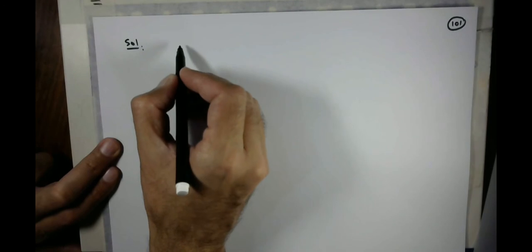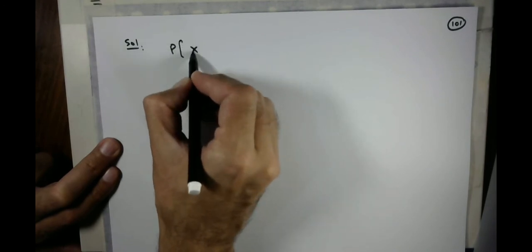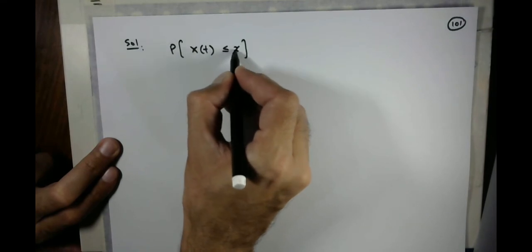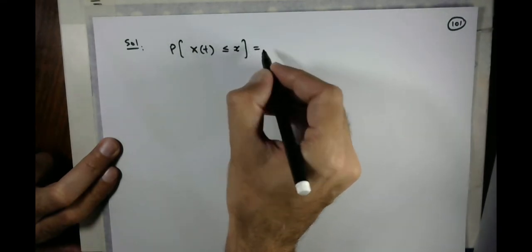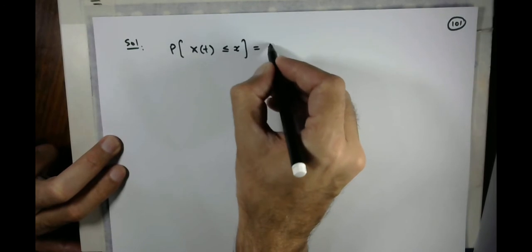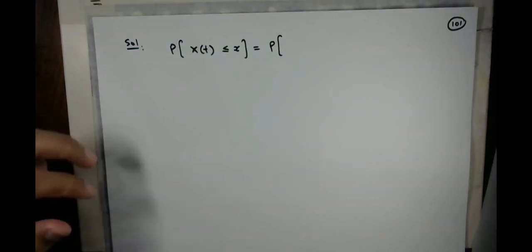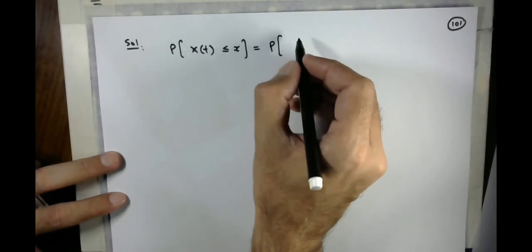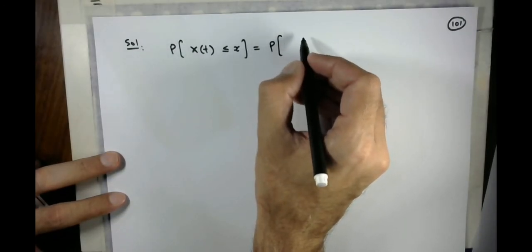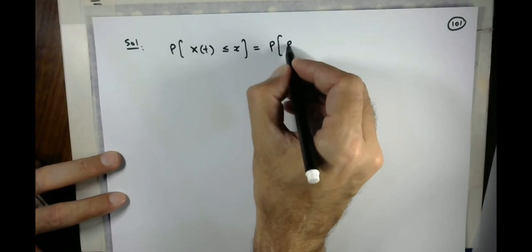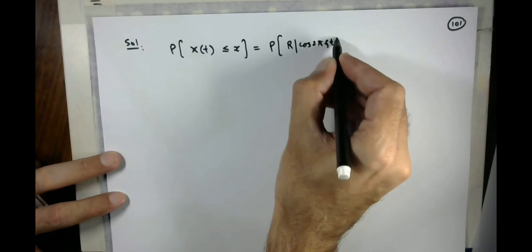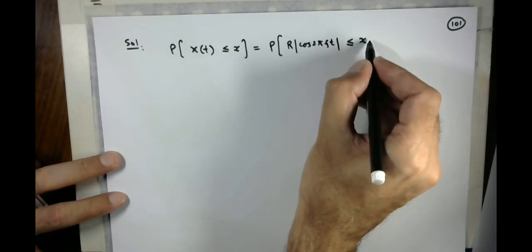You know that the probability that the process is less than or equal to this value is nothing but the probability that the absolute value of r cos 2 pi ft is less than or equal to x.